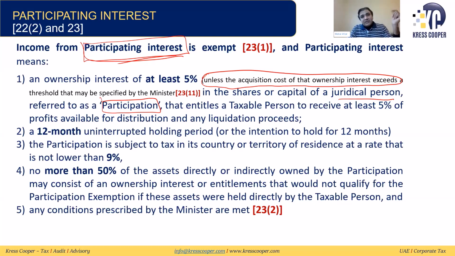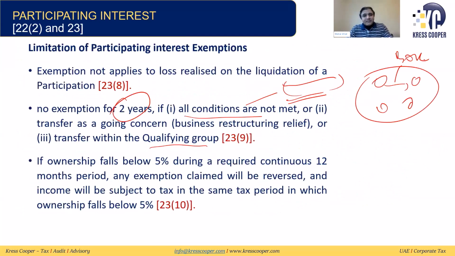It will be assumed that this condition has been met. It is given in Article 23(11) of the law. So 5% is the condition, but the minister can set a threshold. If the amount invested is more than this threshold, then it will be assumed that the 5% condition has been met.